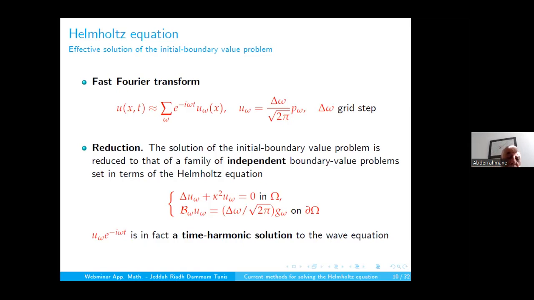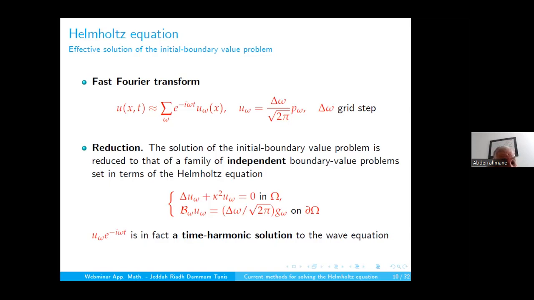And also, you see that since these problems are independent, you can parallelize the calculations. You can launch the calculation of each of the solutions u omega on some processor. It is completely independent from each other.